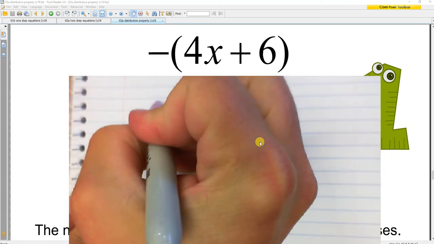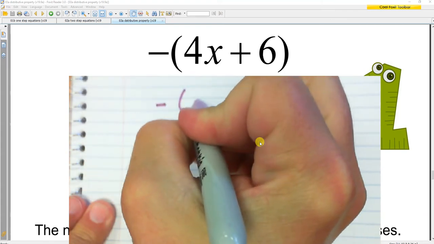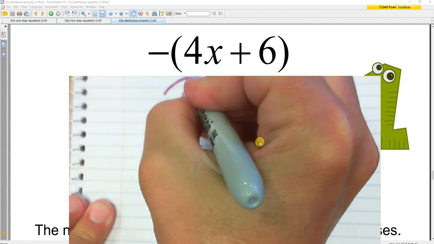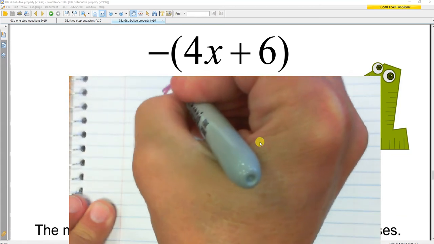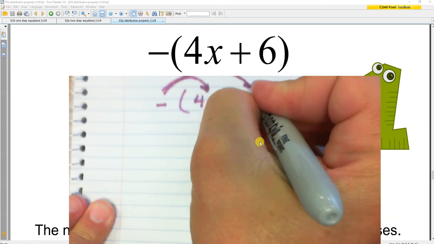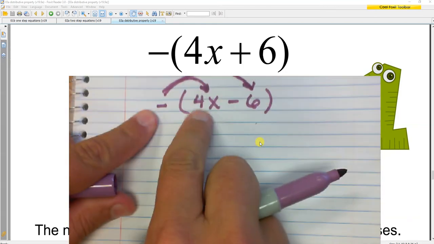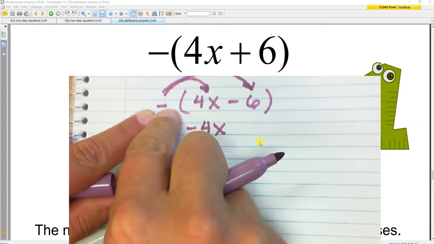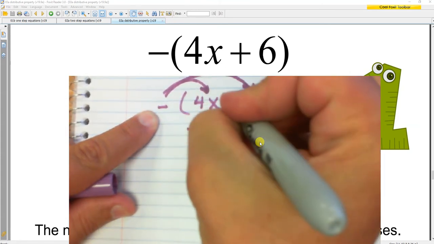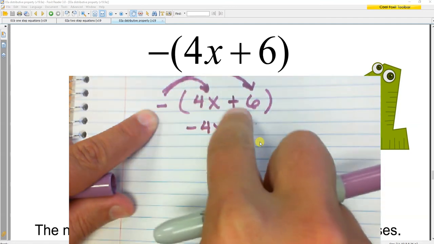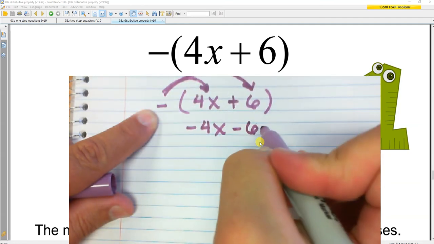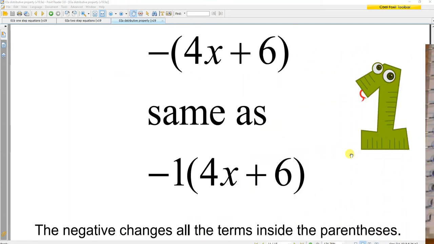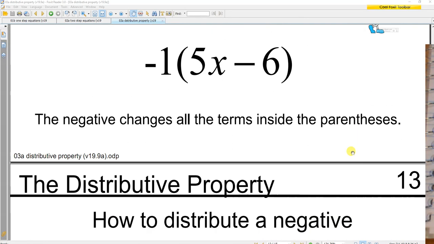So I could have it as negative (4x minus 6). So that negative is going to jump the wall just like any other number. It's just a negative 1, and we don't write the 1. So negative times 4 is negative 4x. Negative times a negative, my notes say a positive. Let's go with positive. Negative times a positive is a negative 6. And then it's the same thing.